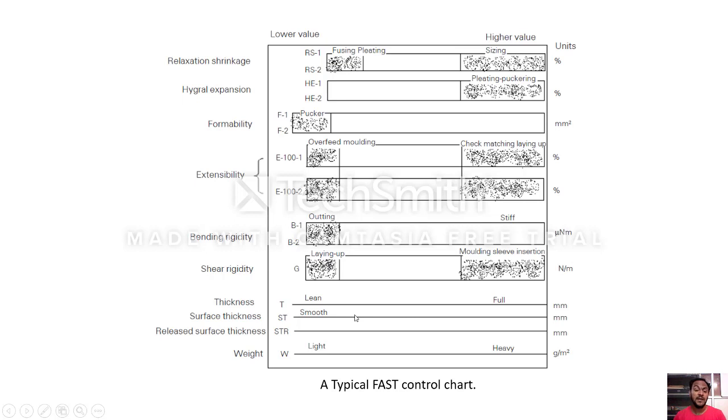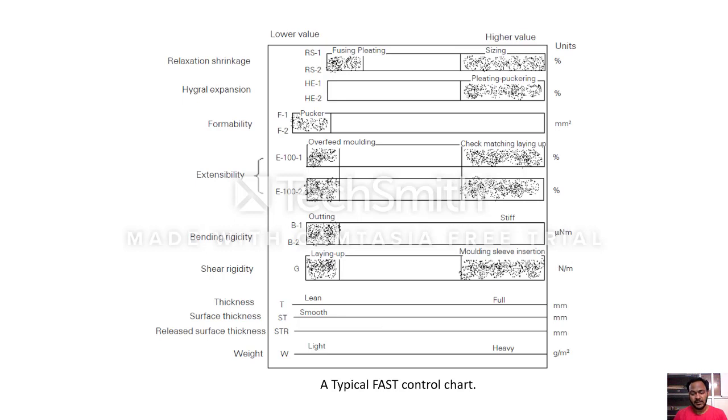The main thing we calculate from this thickness is the finishing agent stability. If a fabric is perfect, the surface thickness and release surface thickness should be approximately equal, or at least slightly close. Then only can we say that the finishing is perfect.